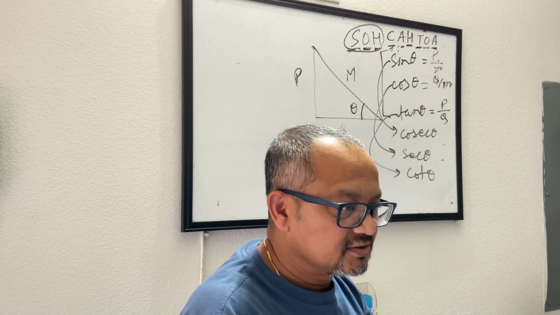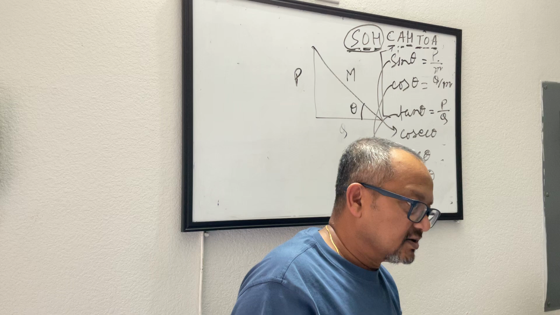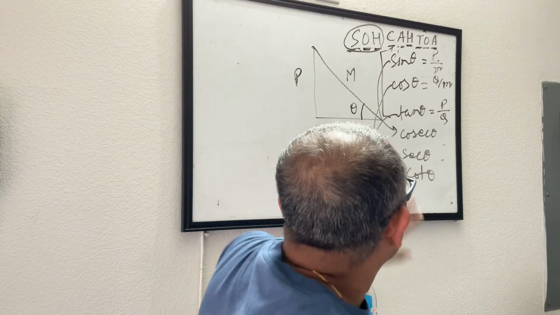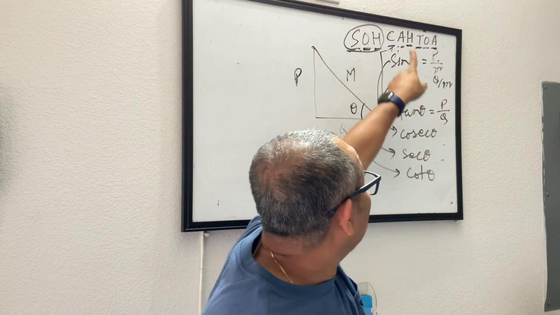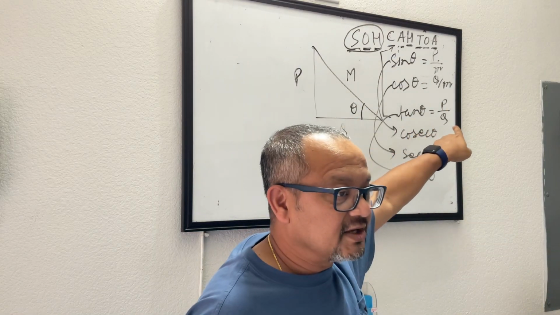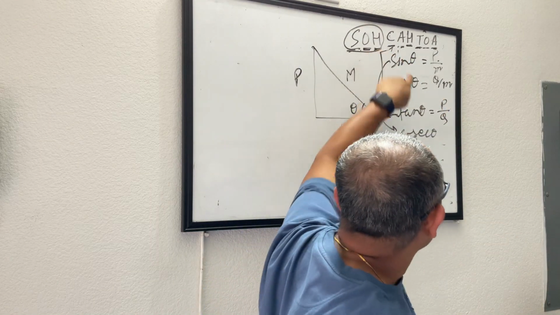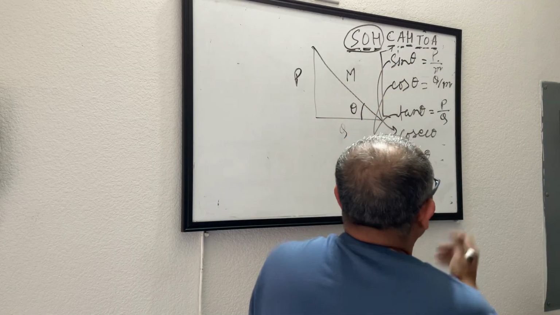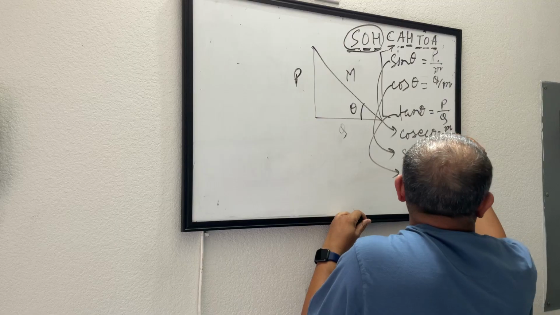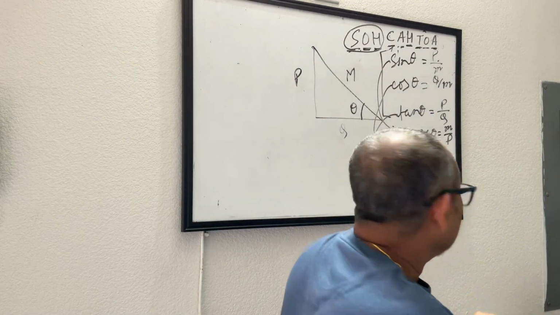Everybody with me so far? So SOHCAHTOA is nothing but your acronym for relating to these values, okay? Now the reverse of sine is cosec. So sine is P by M, so cosec will be equal to M by P. This just flips upside down.